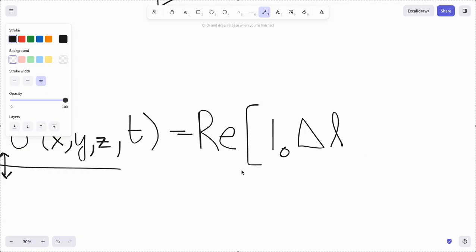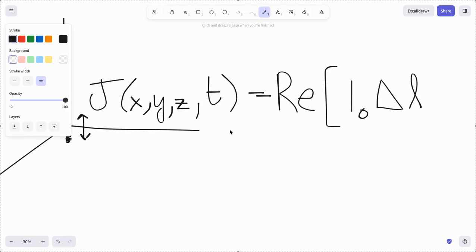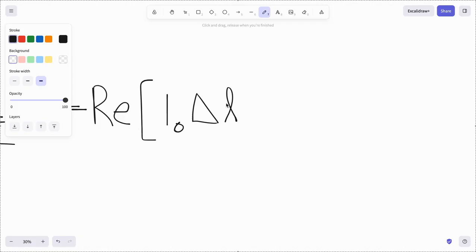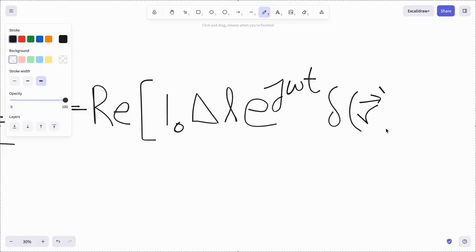So we can describe the current density by this parameter I delta L, and we'll say A e to the j omega t to describe the time variation, since this will just be an alternating current, like a cosine function, and then delta in all directions, since we're imagining this as an infinitesimally small current source, and this current source is in the z direction.